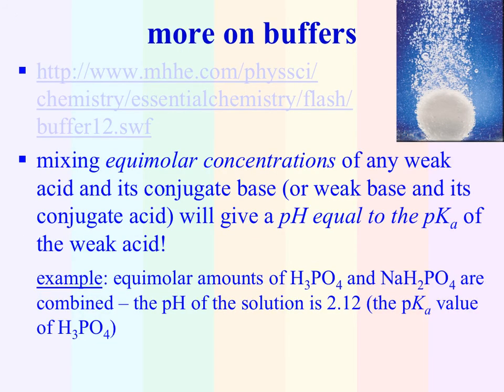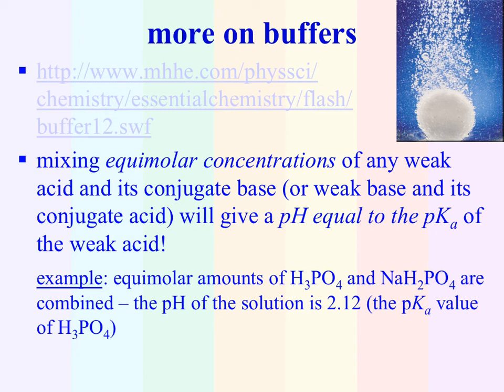Okay, so some more quick facts on buffers. If you have equimolar concentrations of any weak acid and its conjugate base, or weak base and its conjugate acid, that's going to give you a pH equal to the pKa of the weak acid or the pKb of the weak base, depending on how you're doing your calculation.